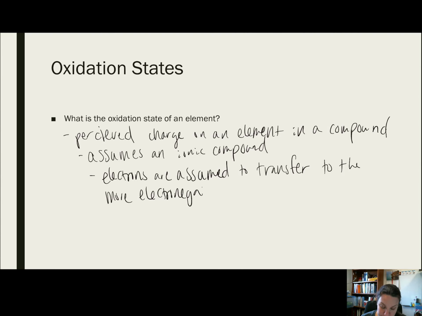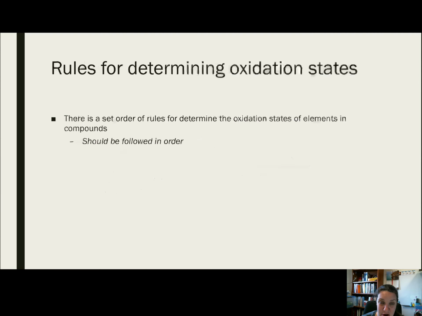Now, looking at the rules to determine an oxidation state. If you follow these, you'll be able to determine your oxidation state all the time. First one: any atom in its elemental state has an oxidation state, or number, of 0.